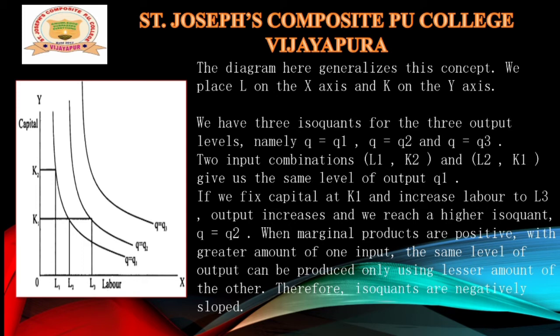The two inputs we used here are labor as well as capital, so we can write L comma K.